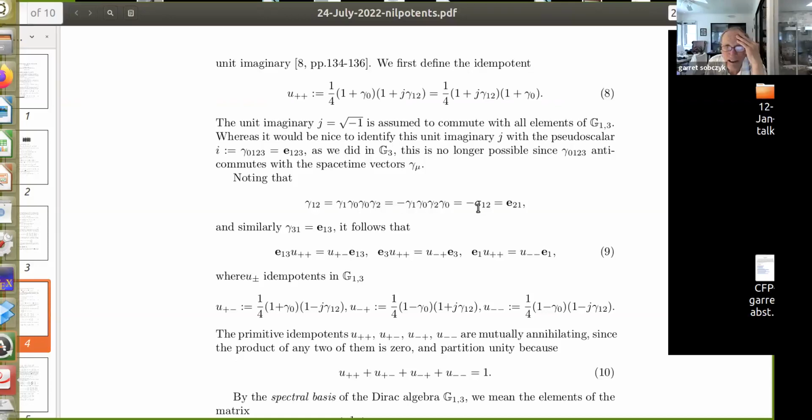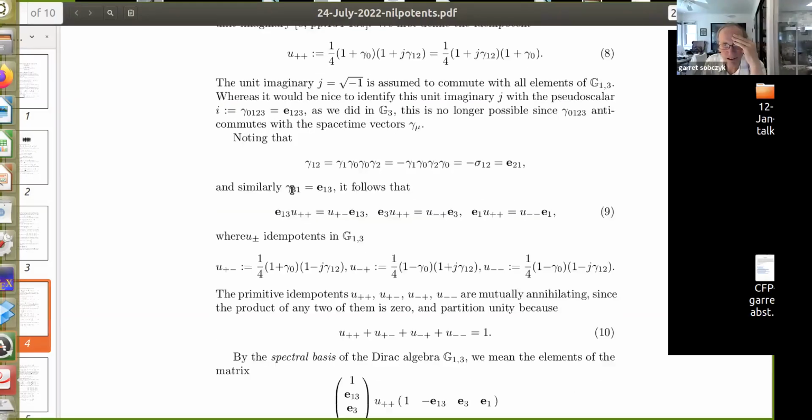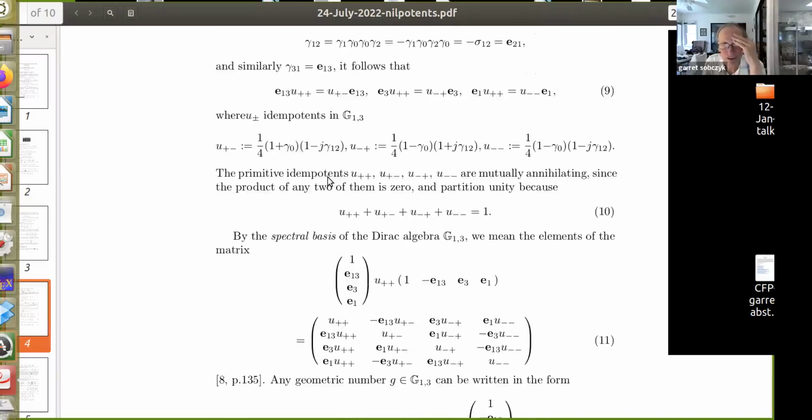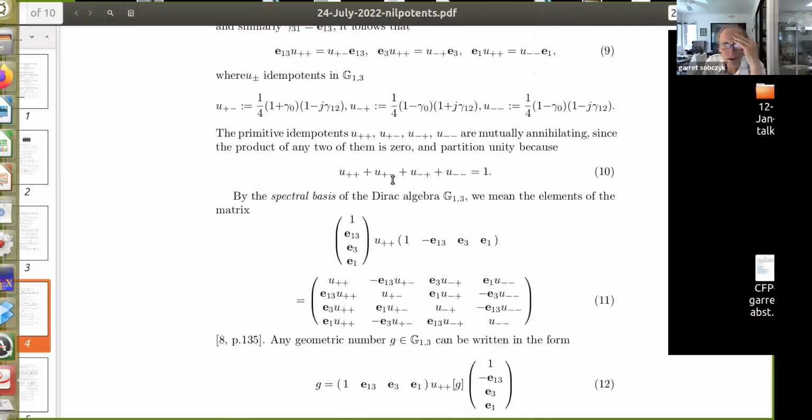So that's the same thing as the product of the Pauli matrices 1, 2, 2, 1 here. Well, anyway, it gets more complicated, of course. Okay, so here I'm identifying the spectral basis of the Dirac algebra G13.